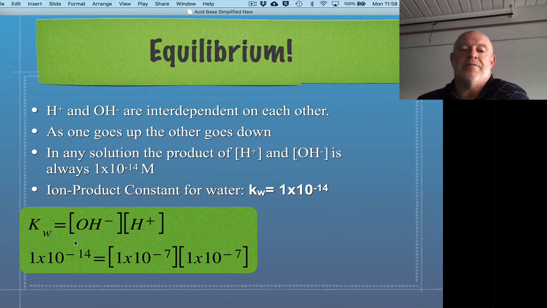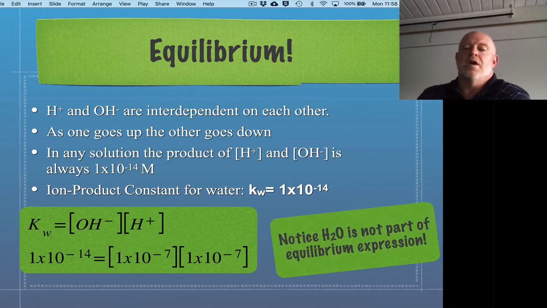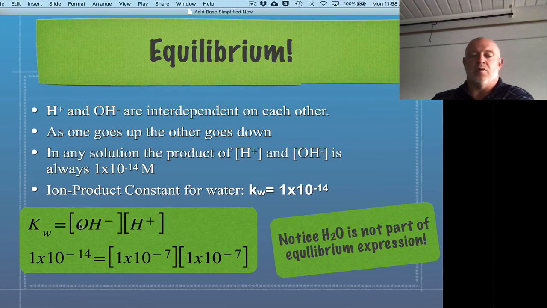But we do have a little bit of ions in solution that are hydrogen ions. We have a little bit of ions in solution that are hydroxide ions. When you are neutral, they're both 1 times 10 to the negative 7. But again, if we add an acid or base, we can mess with that. So that's what we're going to do, okay? Now, one last piece of this is realizing that in this equilibrium expression, water is not part of it because water is a liquid, okay?